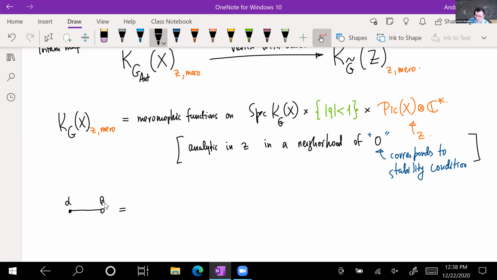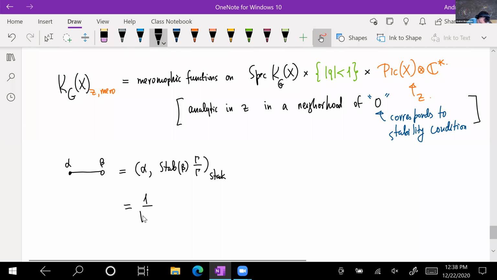So this means I can pull back and push forward on the stack. So this means it's a pairing between class alpha, stab beta, and some gamma functions on the stack.